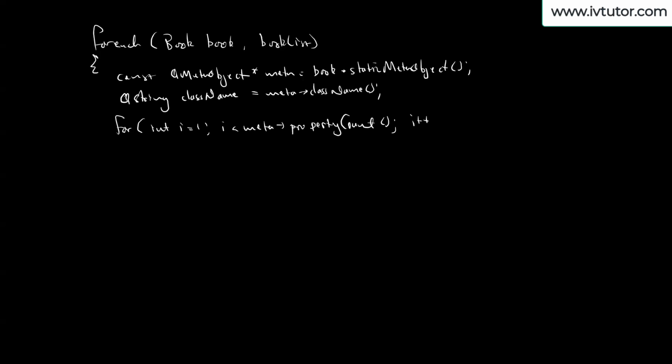i plus plus. There. Then within your for loop, you get your meta property. So you go QMetaProperty, I'm just going to call this mprop, equals meta dot property at index i, like that.